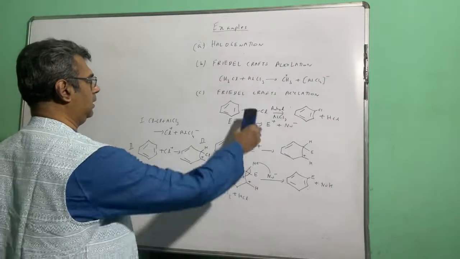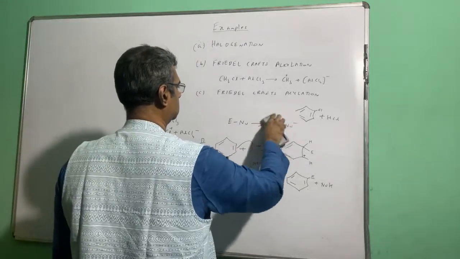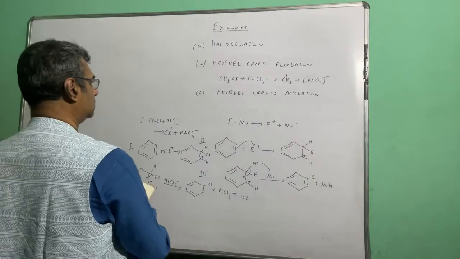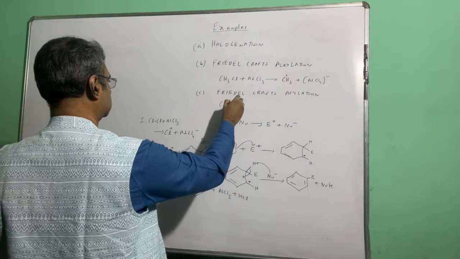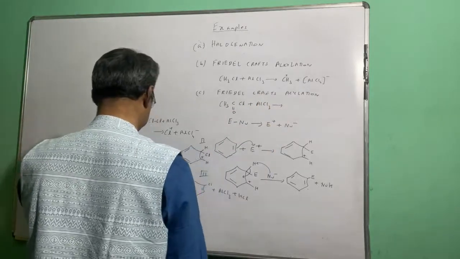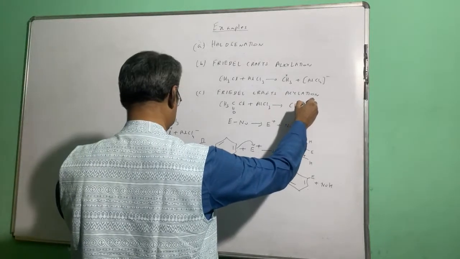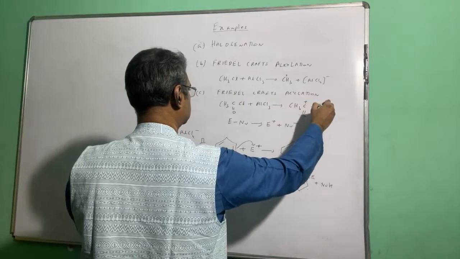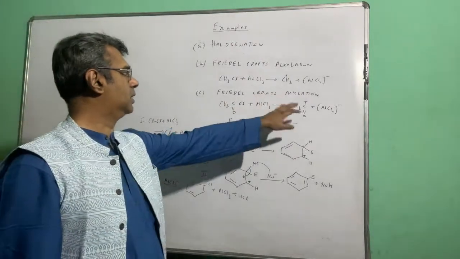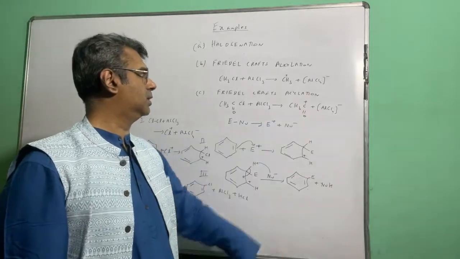and finally Friedel-Crafts acylation. So CH3COCl plus AlCl3 will give you CH3CO plus and AlCl4 minus.